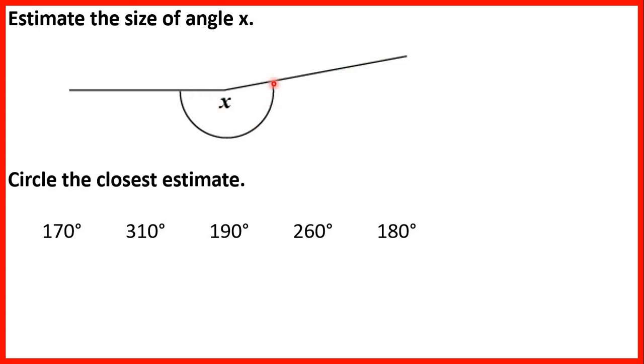It's a reflex angle. So our estimate has to be the number that's a little bit more than 180, because if it was a straight line, that would be 180, but it's a little bit more. So the closest estimate is 190 degrees.